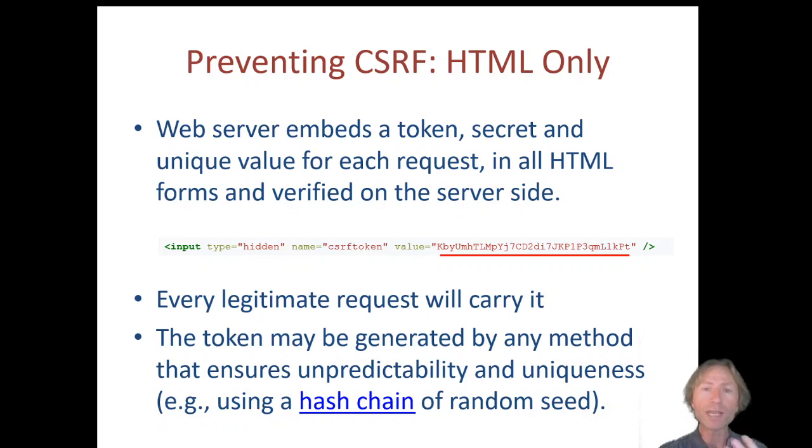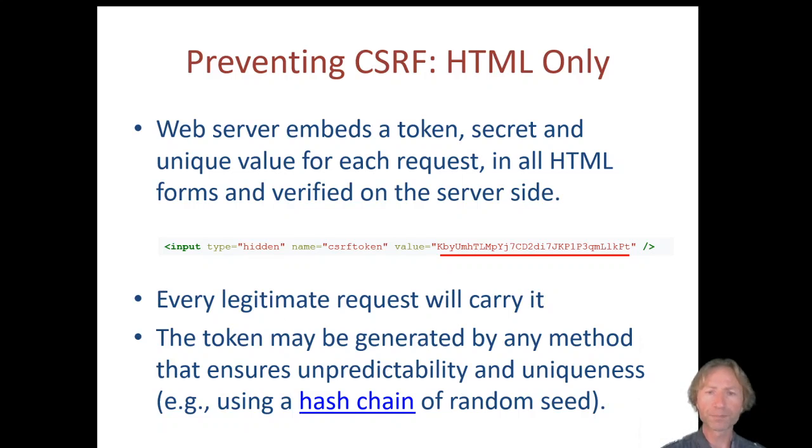And you can use any method to generate such a unique token as long as it's unpredictable and unique. One way in which you can do that is simply use a random seed and then keep making hash calculations on the result that you have. So hash it once, and then you hash that, and then you hash that, and so on. A hash chain, as it's known.